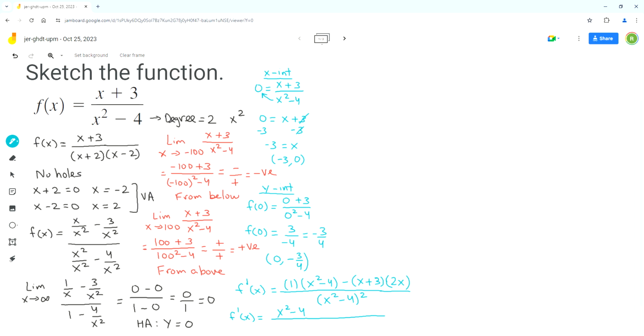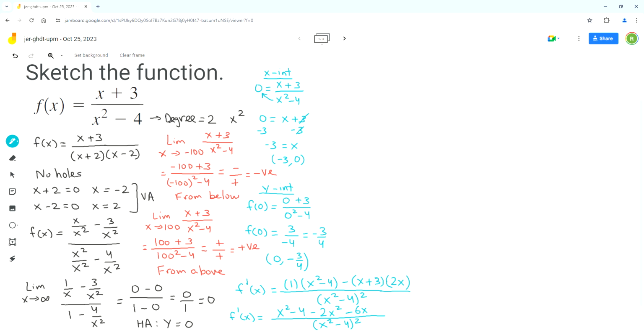So we get negative 2x squared and then negative 6x over x squared minus 4 squared.